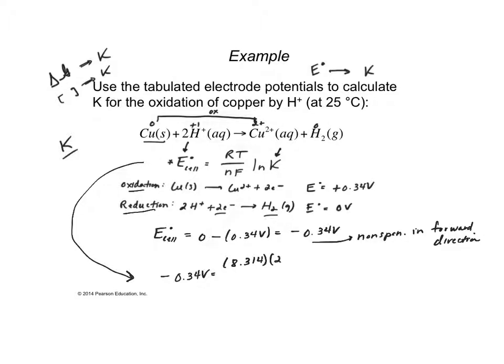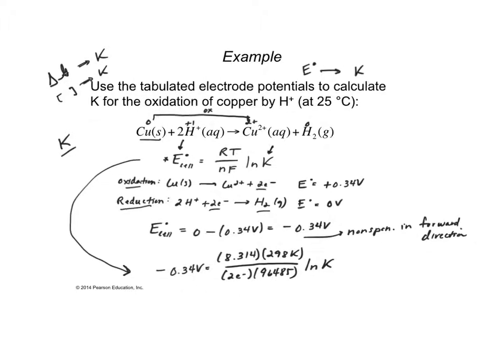We're at 25 degrees C, so this is 298 Kelvin. Over n, the number of moles of electrons transferred in this balanced redox process. We've got a 2 and a 2 when these were combined, so this is 2 moles of electrons, and then 96485, Faraday's constant, and then ln of K.